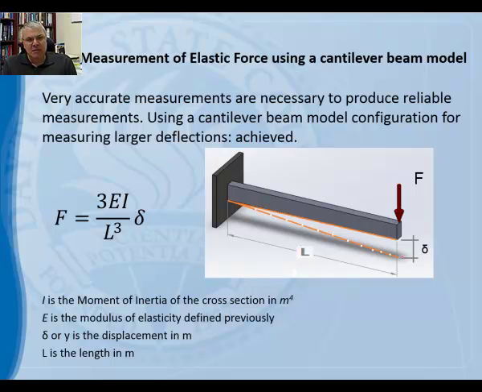As such, we can measure this displacement at the tip by dividing F by 3 E I over L cubed, or we can calculate the amount of force that's required to bring it down by a small amount of delta by using 3 times E times I divided by L cubed. All of these formulations are derived from strength of materials.